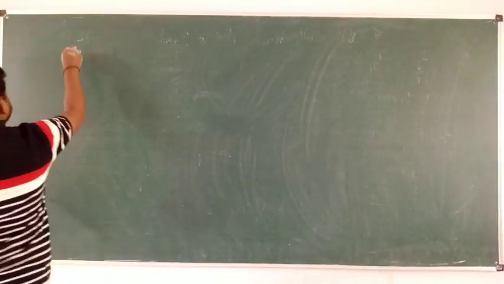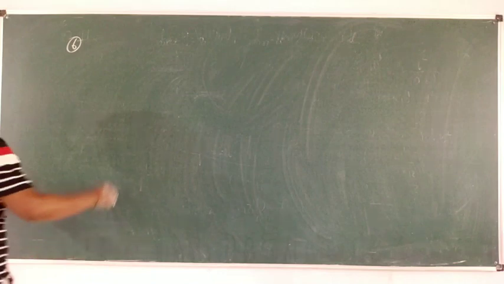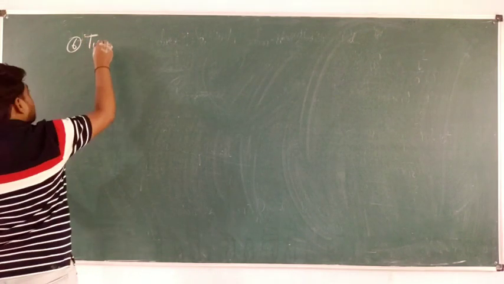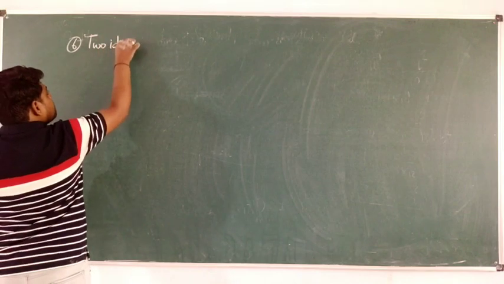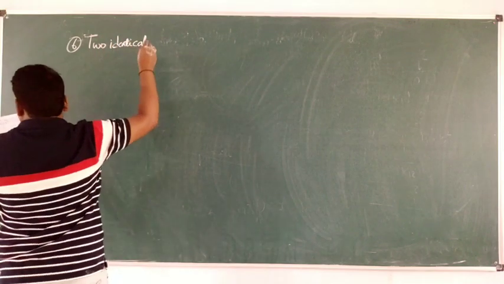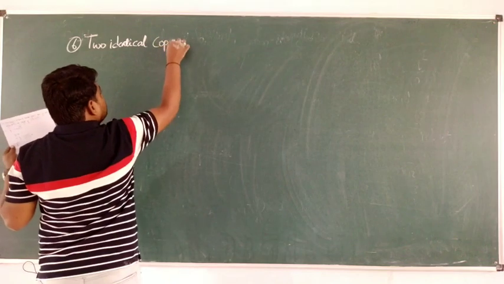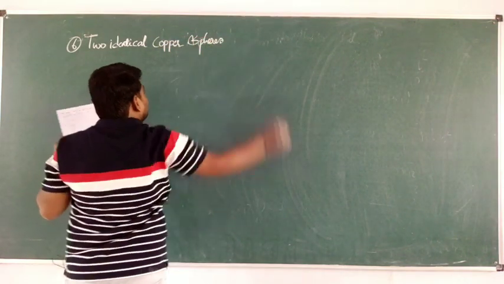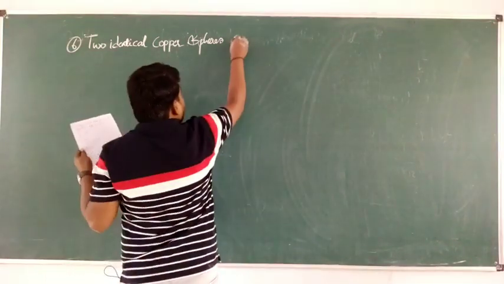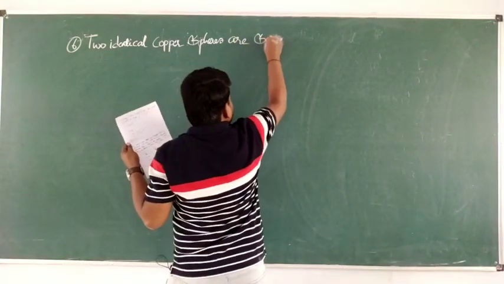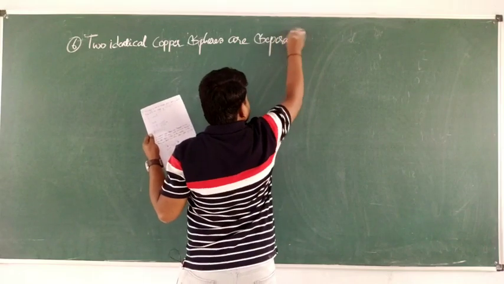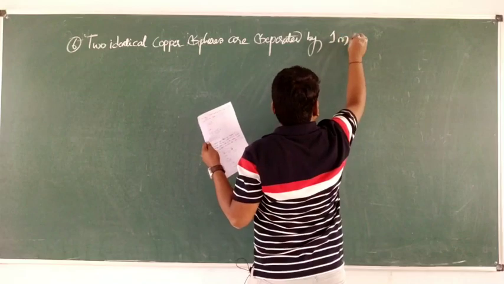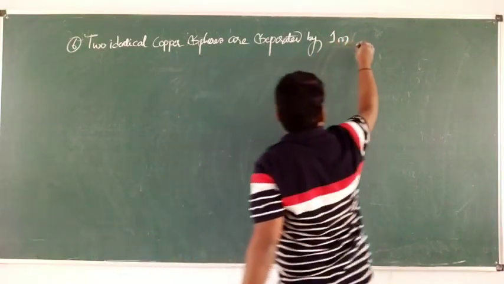Problem number 6. Two identical copper spheres are separated by 1 meter in vacuum.